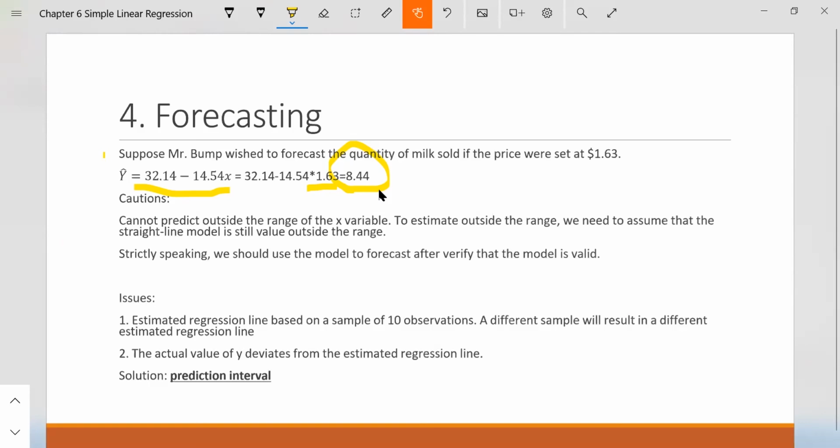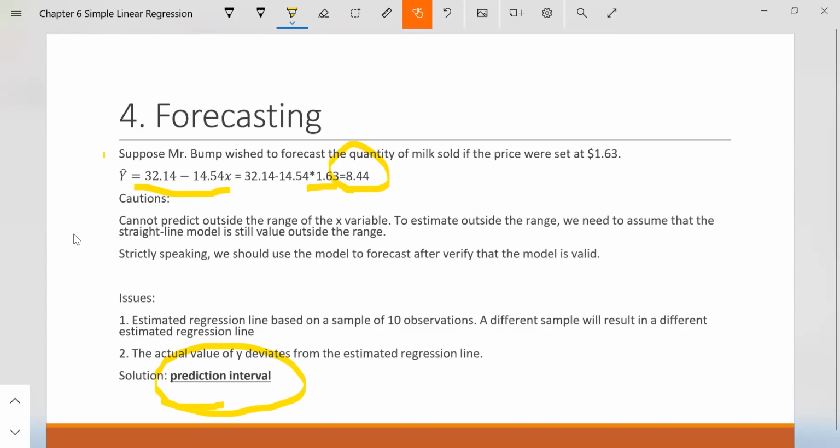And because of that, instead of providing a point prediction, like 8,440, we provide a prediction interval. Very similar to a confidence interval, we provide a range and say, you know what, the predicted quantity of milk sold will be within that range.